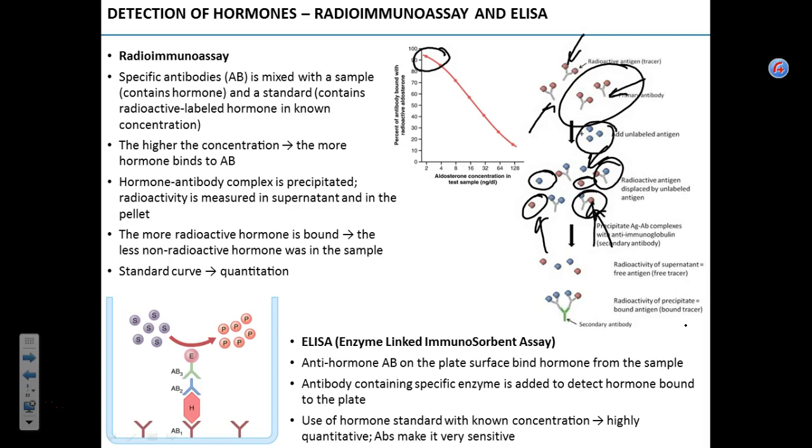It doesn't really matter. Does that make sense? Pretty much what happens. The more non-radioactive hormone you add, the less radioactive one will be bound to antibodies. Does it make sense? It is shown here, okay? So you increase the concentration of hormone in the sample, and you see how the amount of radioactive hormone that's bound to antibody declines, because your sample hormone kicks out your control. Does it make sense?